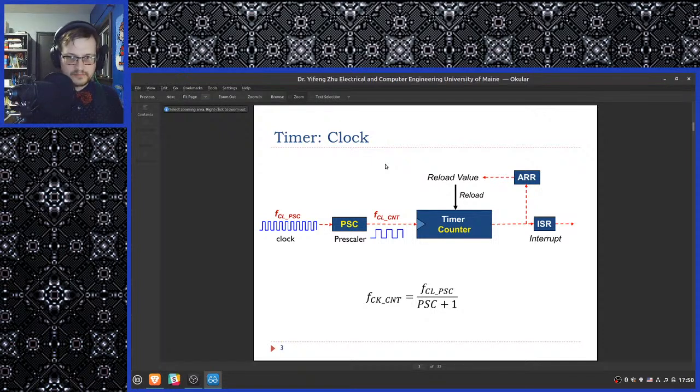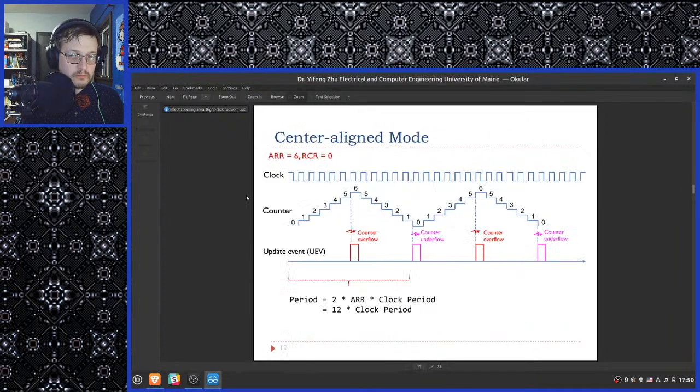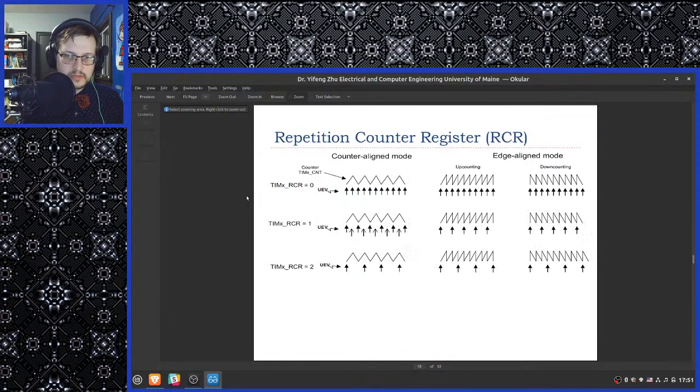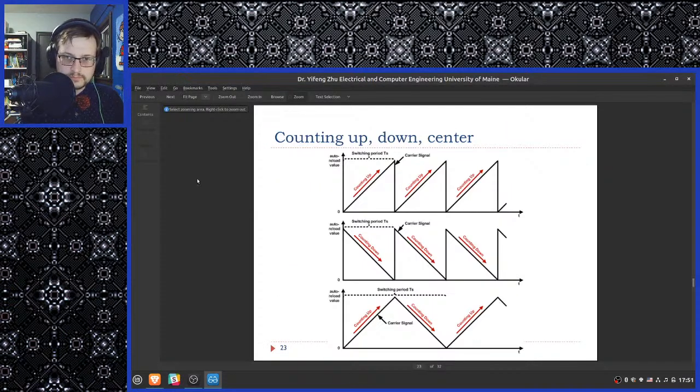In a very real way, that's all they do. Timers can be configured in one of 3 different modes, which are perplexingly much later in the slides than they should be. You can count up, you can count down, and you can do center counting.